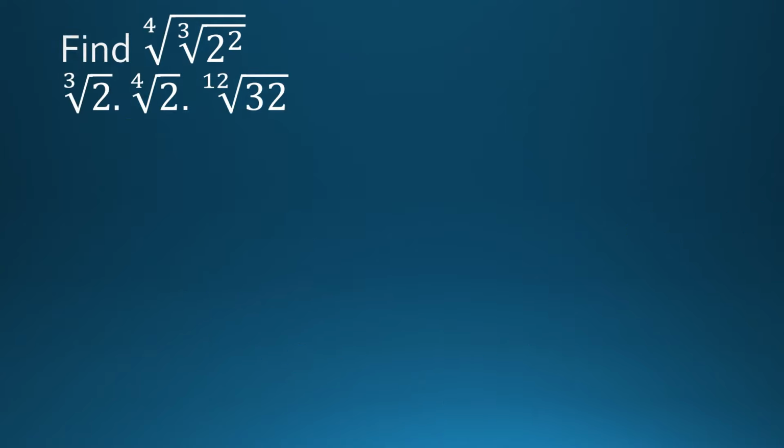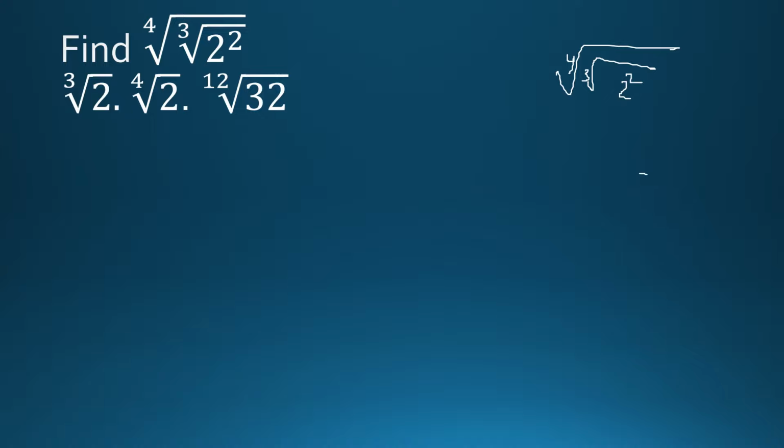So what are we given with here? Find fourth root of third root of 2 square, and then find the product of third root of 2, fourth root of 2 and 12th root of 32. So these are all surds. Let's find out the value. First up, first value. This is fourth root of third root of 2 square.